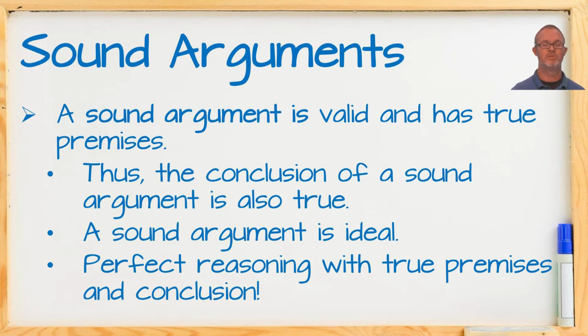So the conclusion of a sound argument is true as well. A sound argument is one in which we have validity, true premises, and a true conclusion. So sound arguments are, if you will, kind of ideal. They are a kind of perfect argument. The reasoning is just right and everything is true.